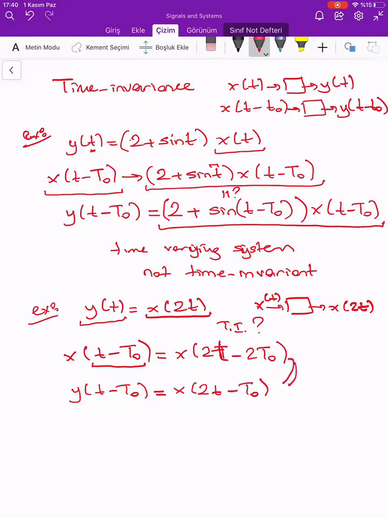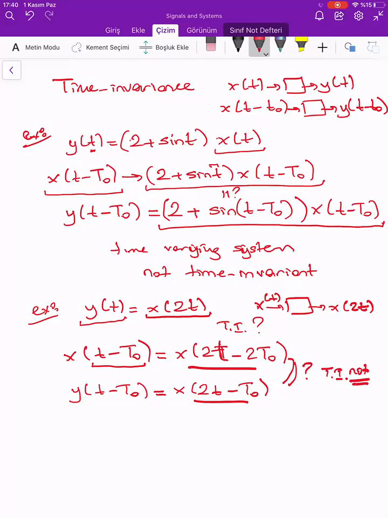So I should check if these two are equal to each other, and because they are not equal to each other, this system is not time invariant.